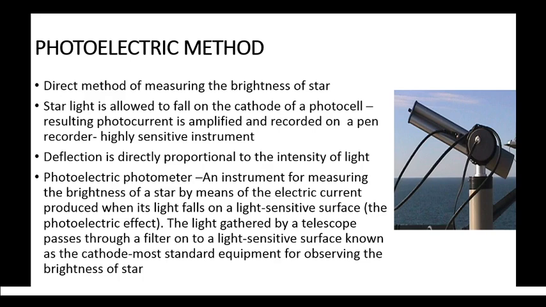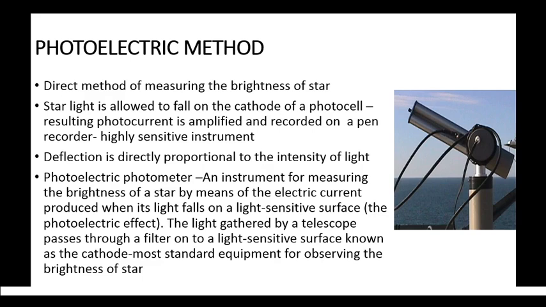Now this photoelectric photometer is placed in a telescope, so that the light gathered by the telescope passes through a filter onto a light sensitive surface known as the cathode. See, the star's light is viewed with the help of a telescope, isn't it? Distant objects can be viewed through a telescope.